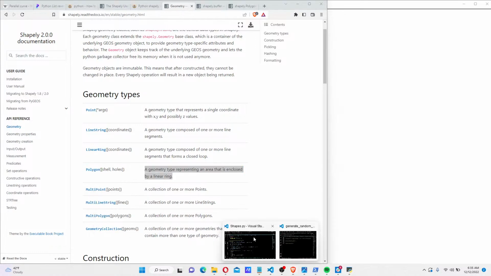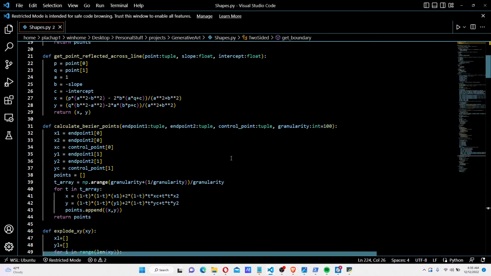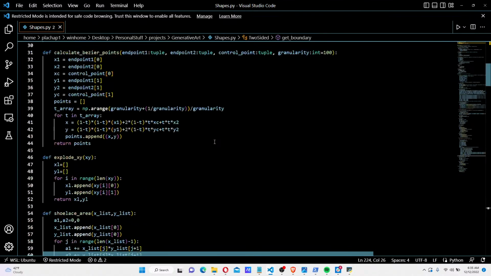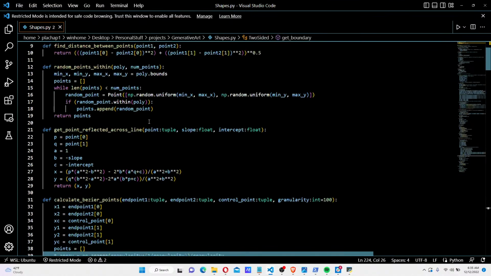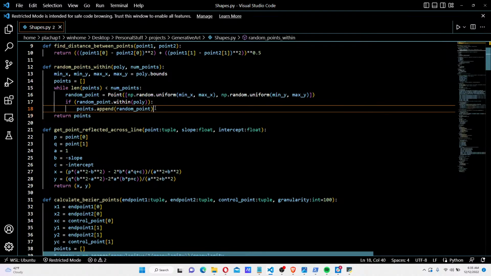Unless I already have polygon, which I think I do. Get point. Well, yeah. Point. Random point dot within poly. Okay, just a sec. I'll be right back.